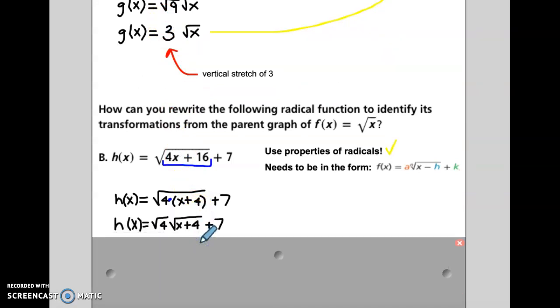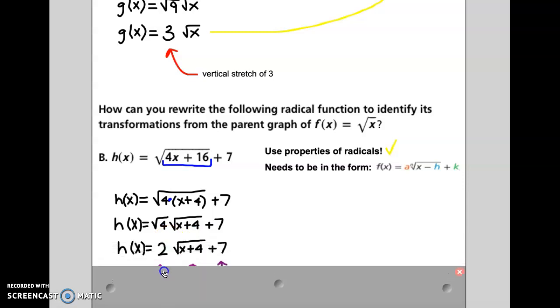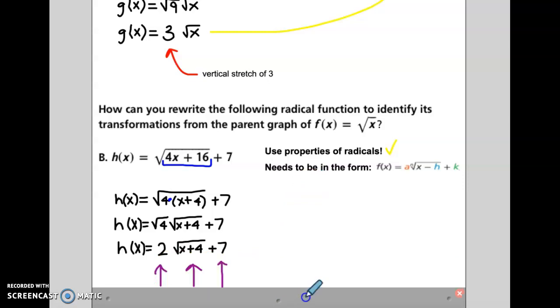So now I can say the square root of 4 times the square root of x plus 4, plus 7, which lets me simplify once further and say the square root of 4 is 2 times the square root of x plus 4, plus 7. And I can identify my transformations, which are that 2 is what? That's a vertical stretch. The 4 moves it to the left 4, and the 7 moves it up 7.